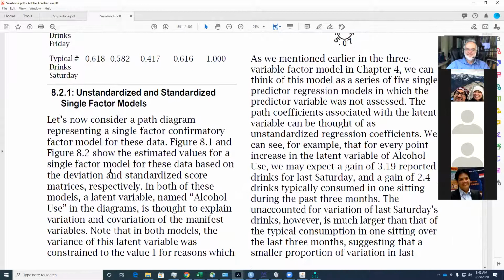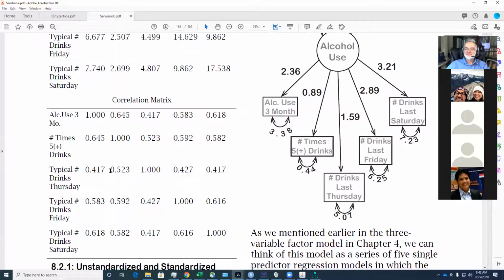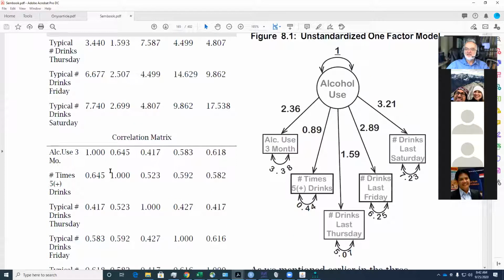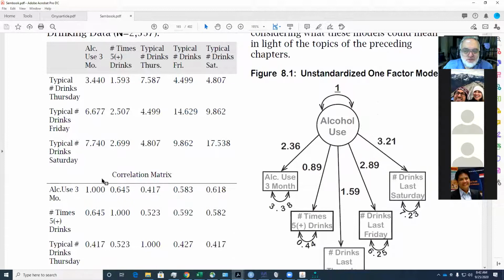Question, Professor. You mentioned parsimony, where the number of parameters equals the number of elements, and when it is equal, then it is just identified.